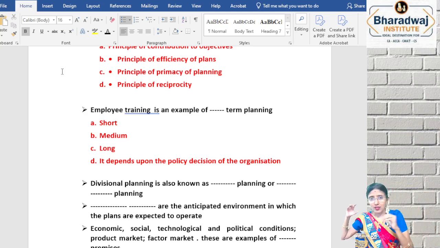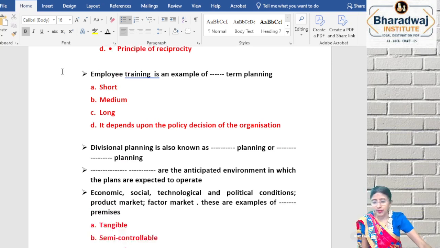Then types of plans: single use, multi use. Know the difference between types of planning and types of plan. I repeatedly give you in the revision. Types of plans are single use, multi use. Types of planning are divided based on time and scope. Okay. D. Depends on the policy or decision of the organization. And he said A. Okay, we'll have it.